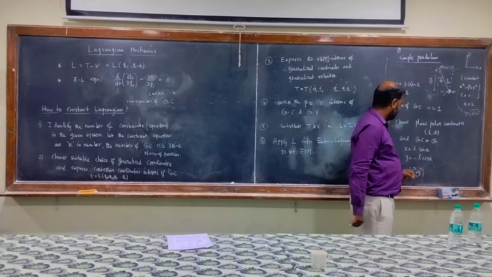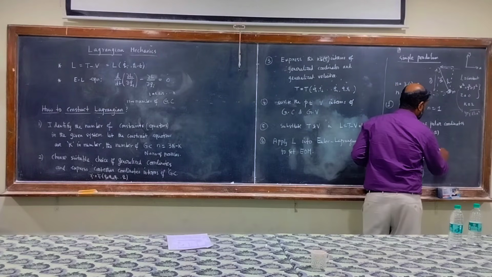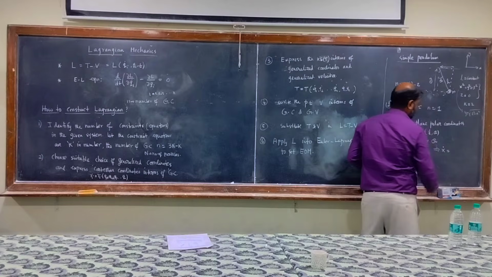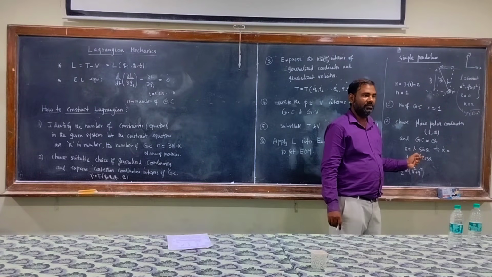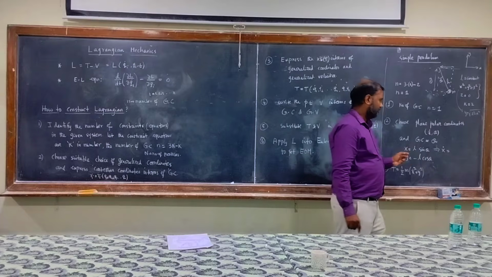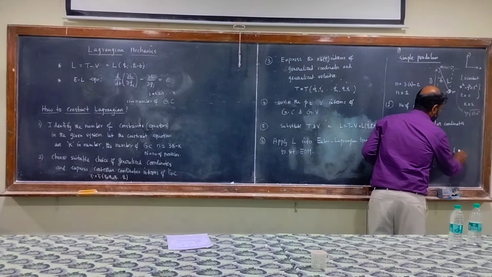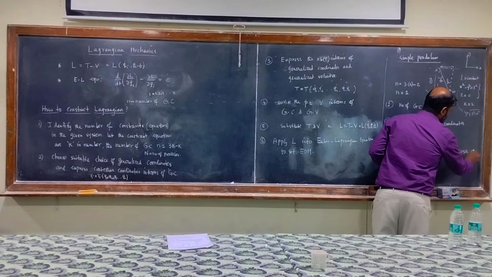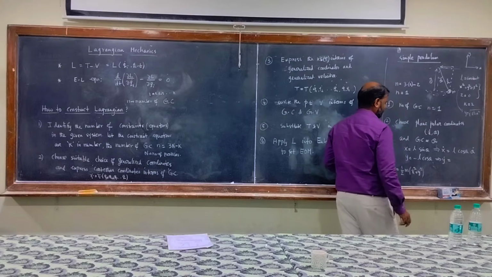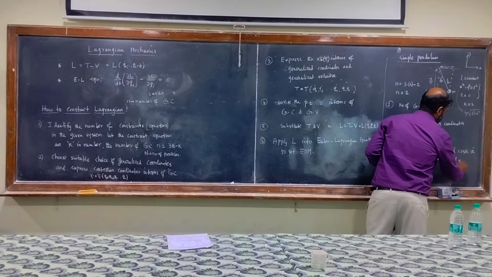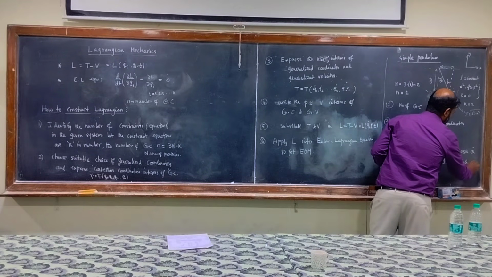What is x dot from this? x dot is L cos theta theta dot, and y dot is L sin theta theta dot.